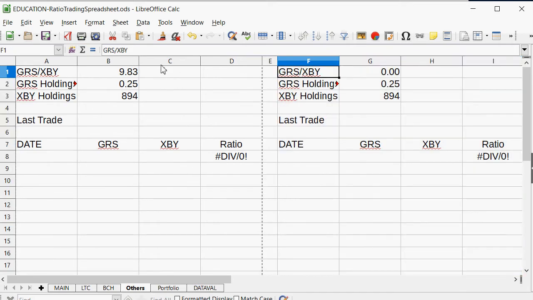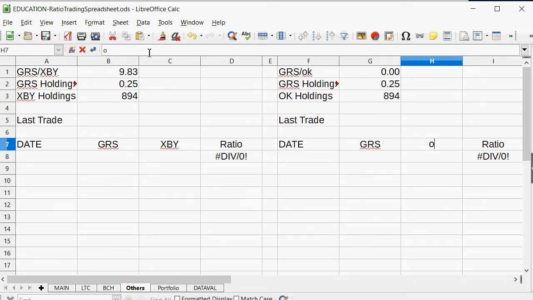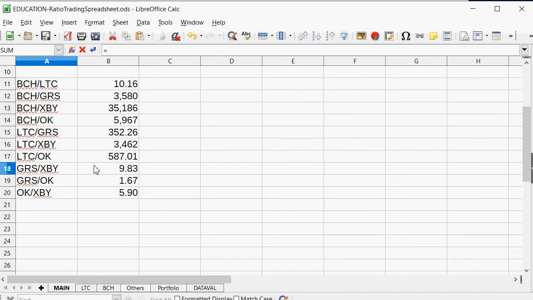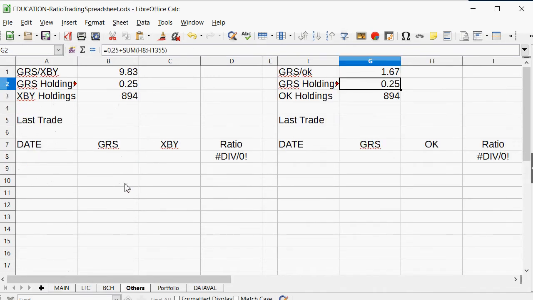So now we're going to do GRS and OK. Which is the 167.